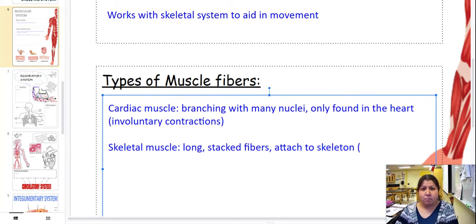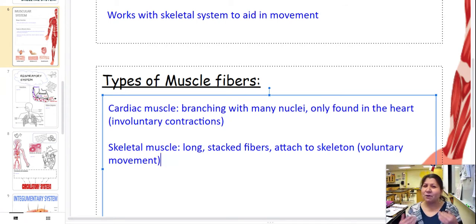So these are the muscles that we can move, and so we call that voluntary movement. You could say movement or contractions. Okay, so voluntary movement. So we can choose to move those. So if you want to go outside and go work out or go for a jog, you're using your skeletal muscles, and you can control that.